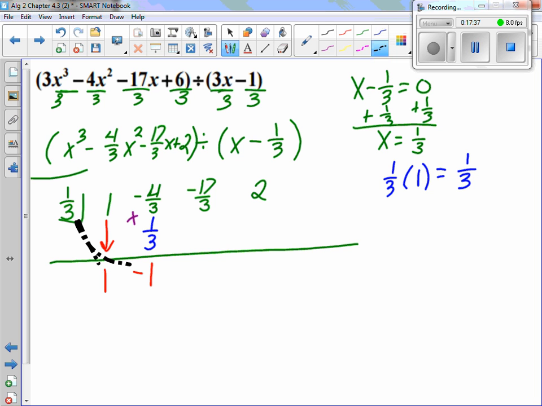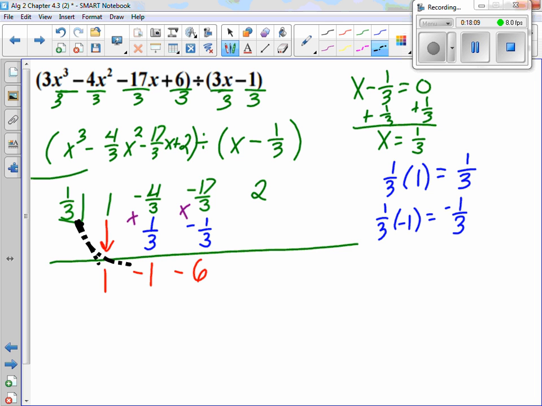Now we're going to do 1/3 times -1. -1/3, and we put that under the -17/3. And then we have to add. Well, -17 plus -1 would be -18, yes? What's -18 over 3? -6.